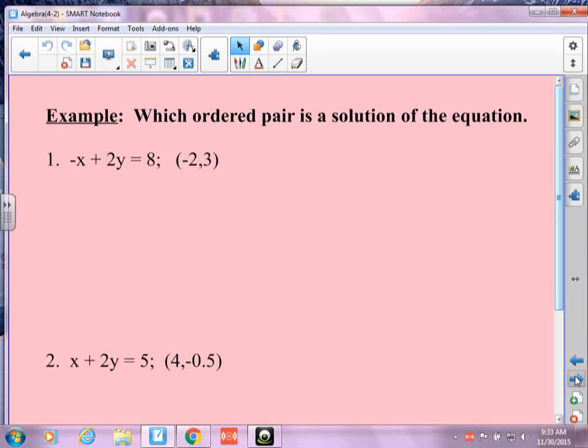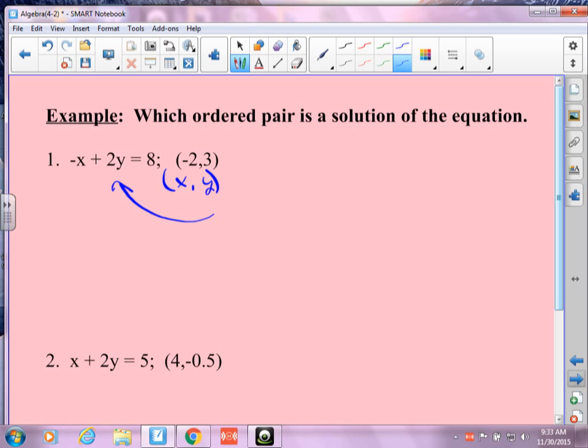Yes? You have to move it around so the y is on one side, so you have the right equation, and then substitute the 2 for x and the 3 for y. All right. Technically, we don't have to switch the equation around. We do when we graph. But you're right. We take the x and the y and plug them into that equation and it should check, right?